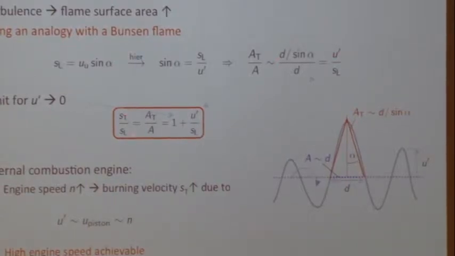So then ST over SL is nothing else than 1 plus U prime over SL. And you see that then, if you forget about this 1, if you say this has to be a factor much, much larger than 1, we said earlier it's 15 or something, I forget about this 1, let's say, then ST is equal to, or is proportional to, U prime.